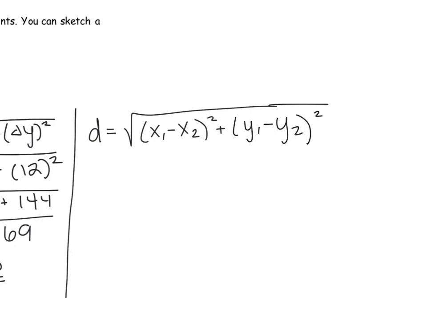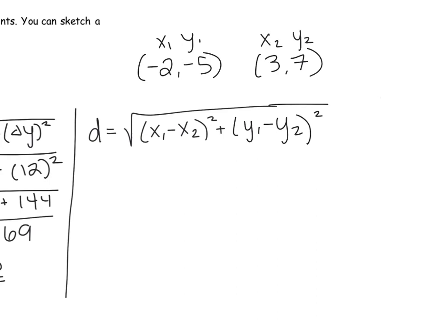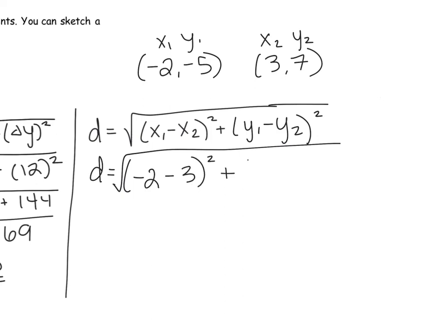So to do this formula, instead of drawing a picture, you would write -2, -5 for your x1, y1, and 3, 7 for your x2, y2, and then plug those numbers into the formula. So we would have the square root of -2 minus 3 squared plus -5 minus 7 squared.